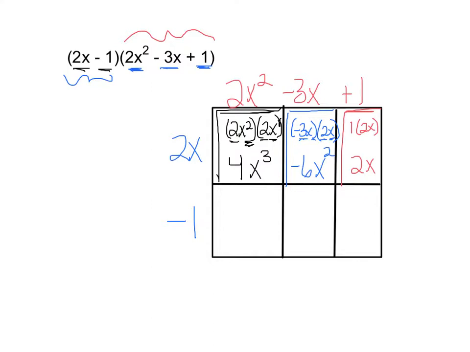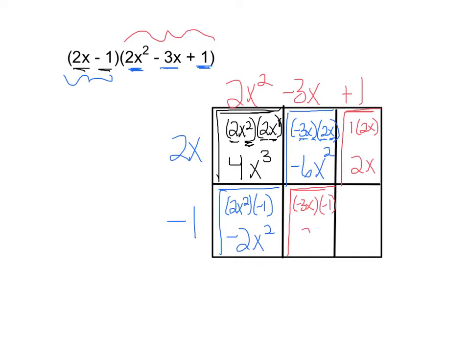Now let's do the bottom. This time we're going to have the length 2x squared multiplied by negative 1. So write it down if you have to. 2x squared times negative 1 is a negative 2x squared. In the next rectangle we have negative 3x times negative 1.